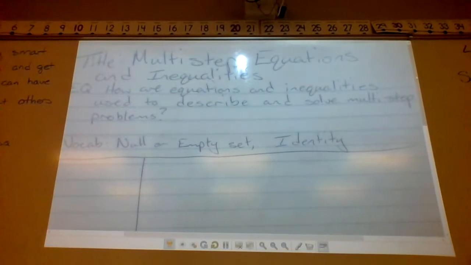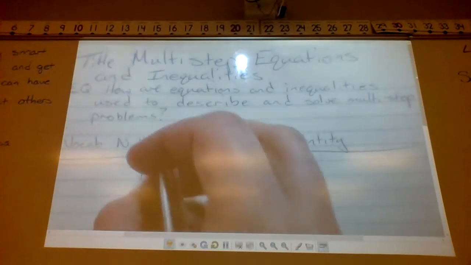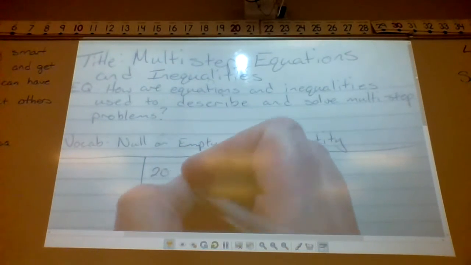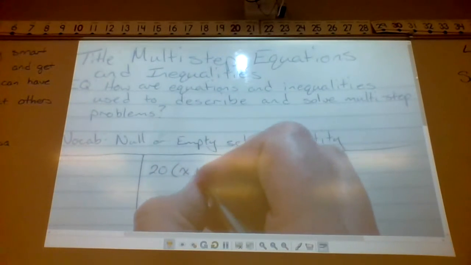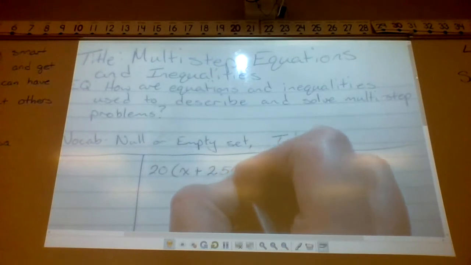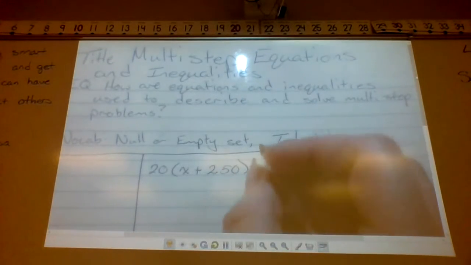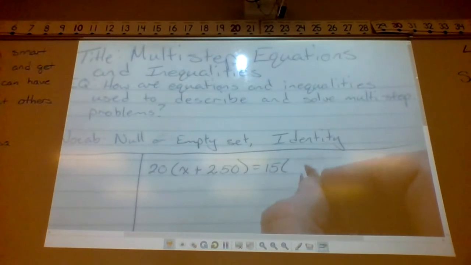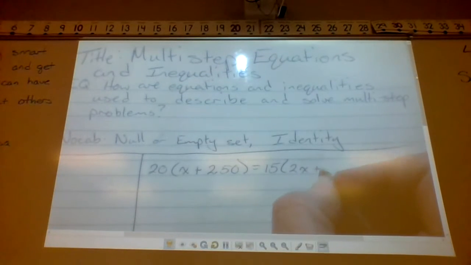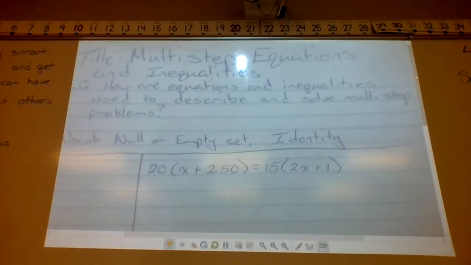So to do the vocab, we do need to solve a problem first so I can help you figure out what they are. But the multi-step that we have, for example, that's a nice long equation, right?